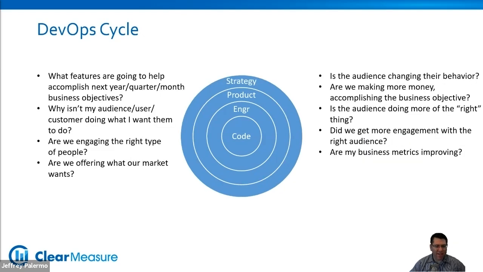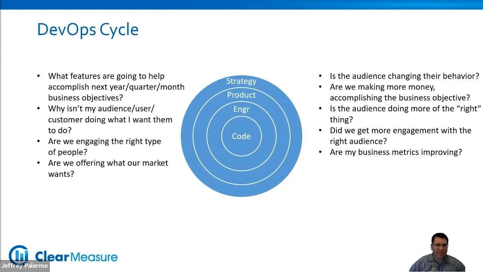And then at the strategy level, where business objectives were formed and initiatives were commissioned, and we actually came up with, you know what, we're going to have to build or change something. The validation is our audience, now that they're actually using the software, now that it's actually in production: is the audience changing their behavior? Are we making more money accomplishing the business objective? Is the audience doing more of the right thing?